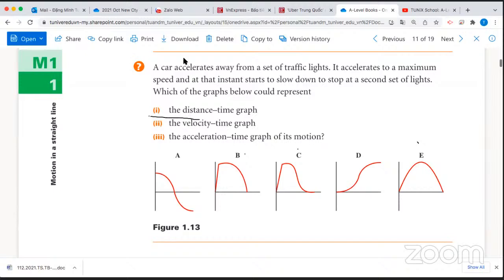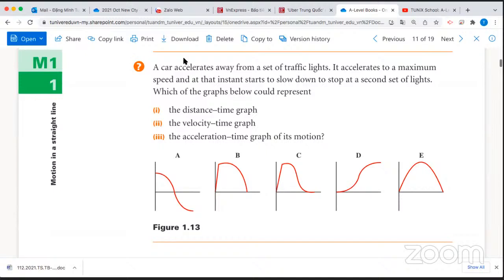Maybe B, more sudden, because it slows down very quickly. Maybe C would be more accurate because of the moment of inertia. When you touch the brake, it does not stop completely at once. Think of a set of traffic lights: they accelerate to maximum speed, and then start to slow down to stop at the second set of lines. So C or B.